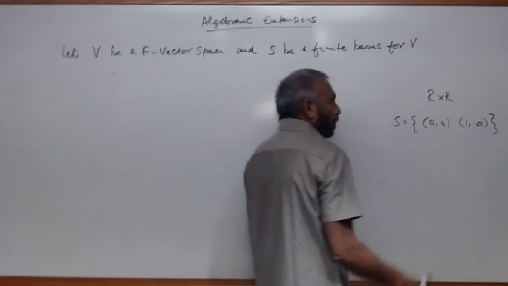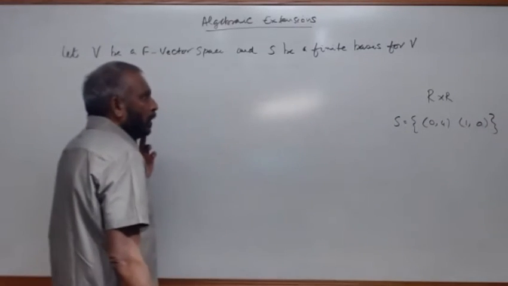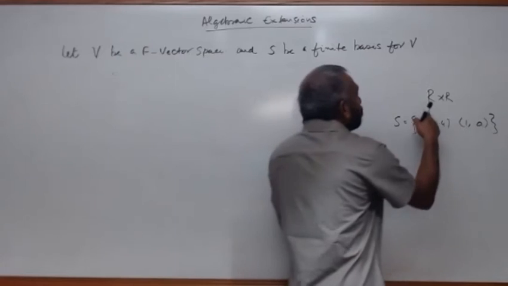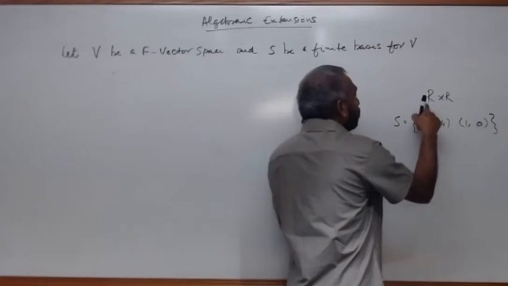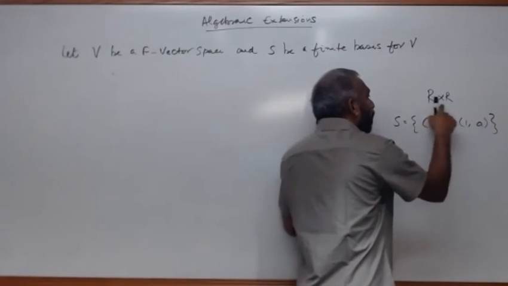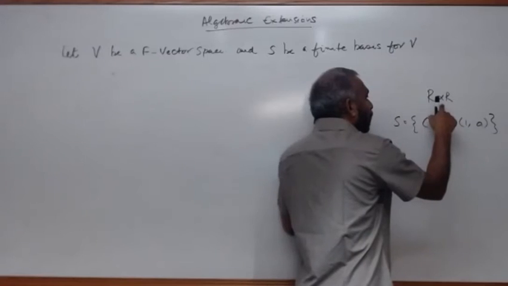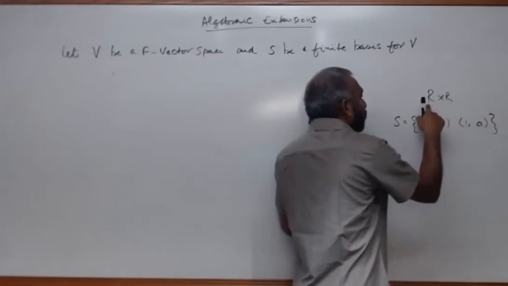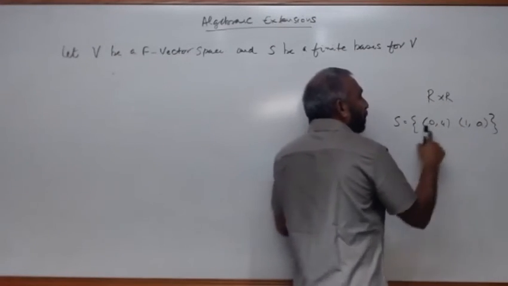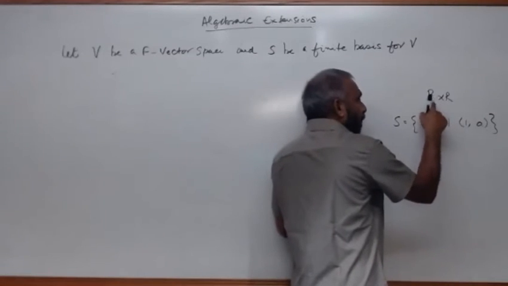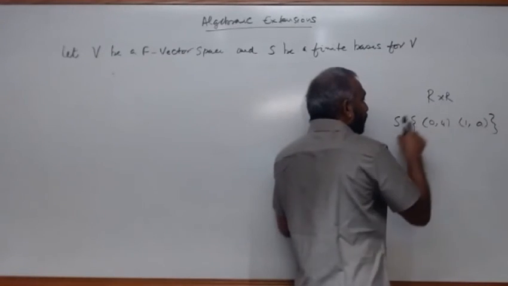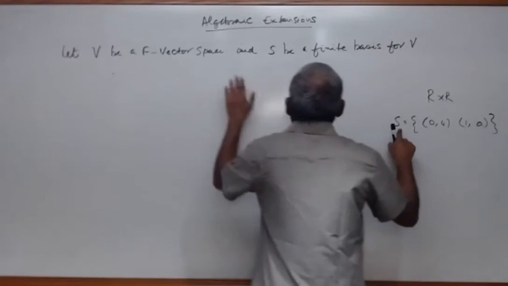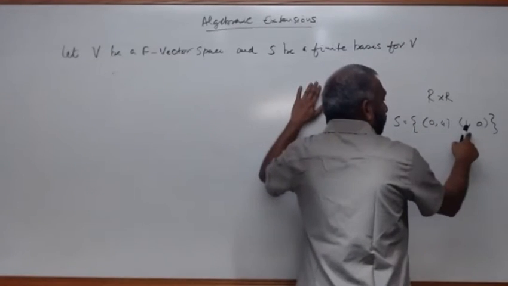This spans R cross R. So to find every element of R cross R, we need only these two elements to express any element. So this is a finite dimensional vector space.